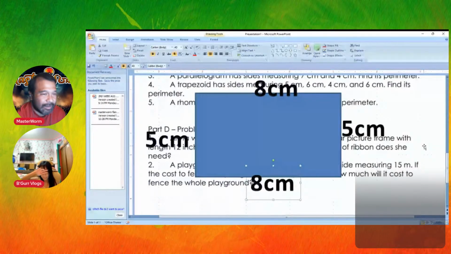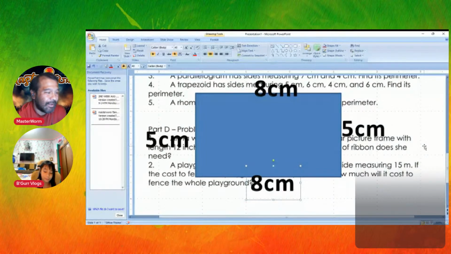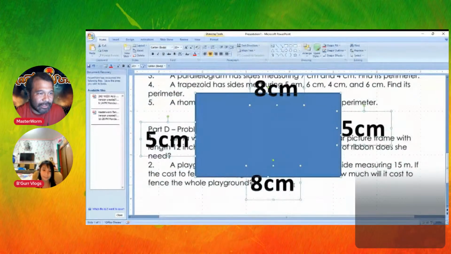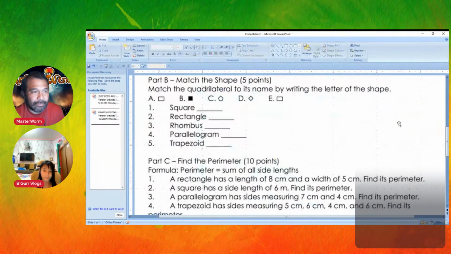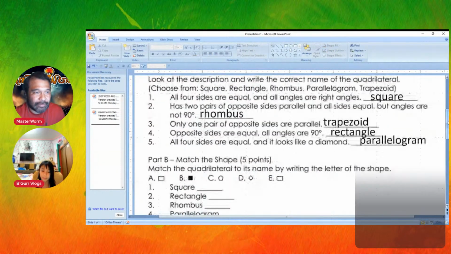Okay, 13. And the other side is also 8 plus 5. So it means 13 plus 13. How much? 26. Very good. So the answer there is 26. Alright, so we have to write the answer here, which is 26.